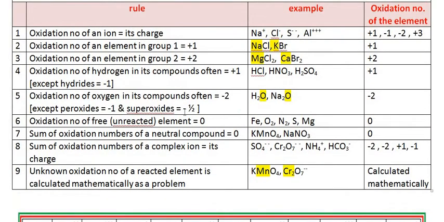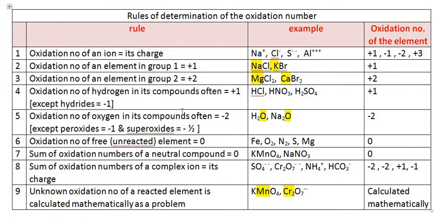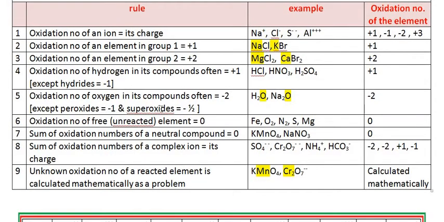How do we determine the oxidation number of many important elements? The oxidation number of any ion equals its charge, for example plus 1, minus 2, minus 1, minus 2, plus 3, and so on. The oxidation number of any element reacted in group 1 is plus 1.